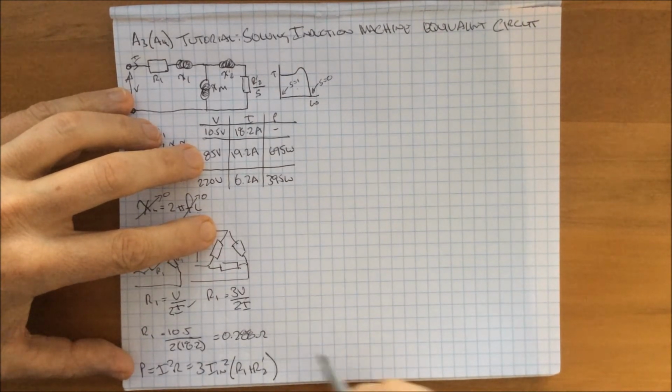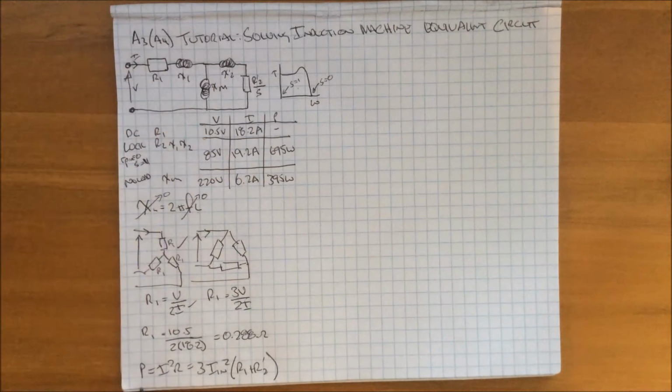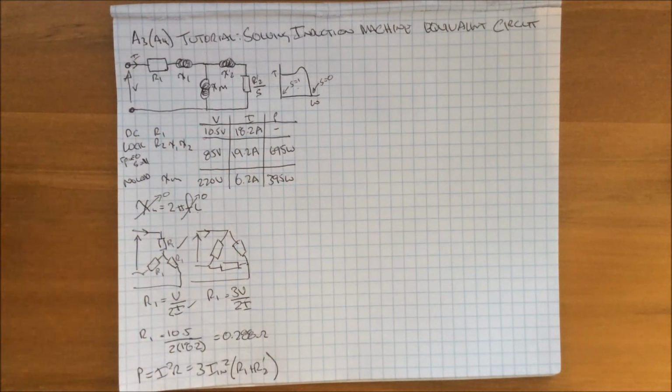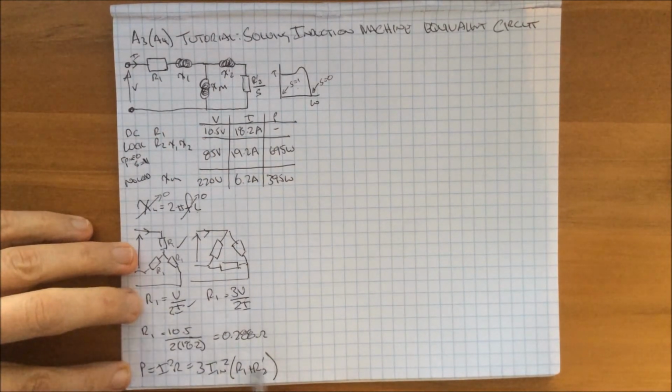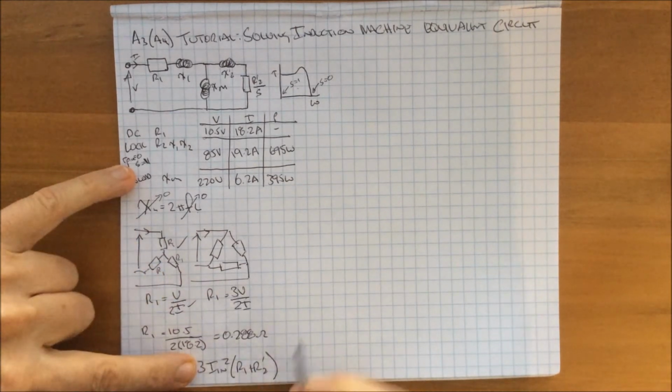What we can then do is rearrange this. We know what the input current is, we know what the power is, because we've got these two values here. We know what R1 is, so we can solve for R2.